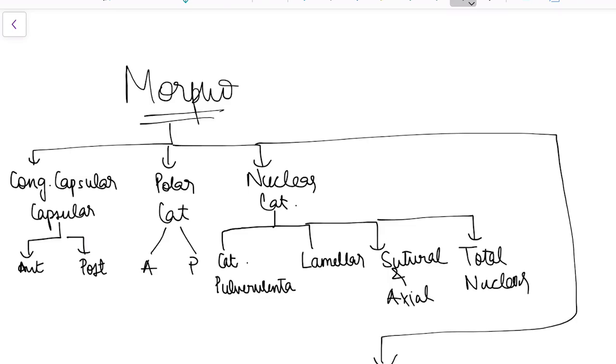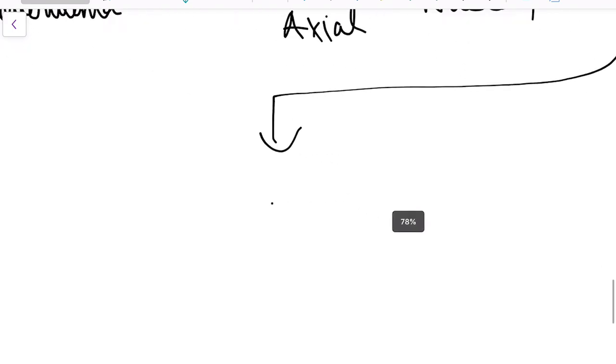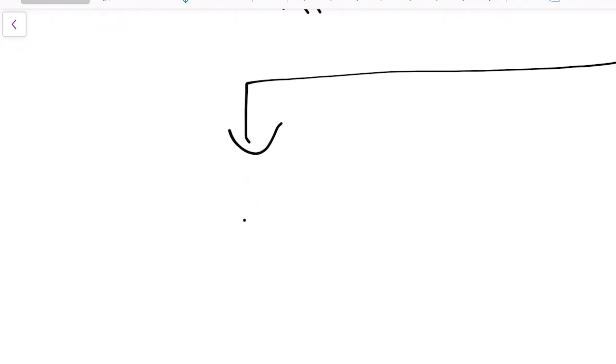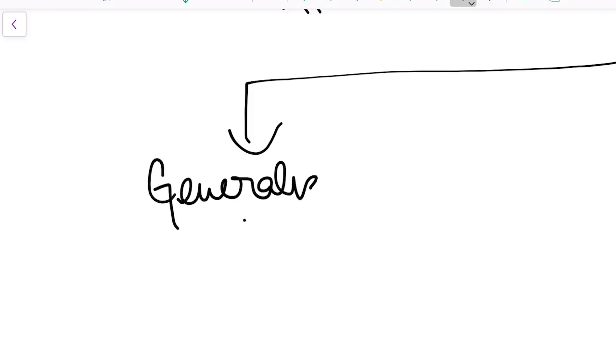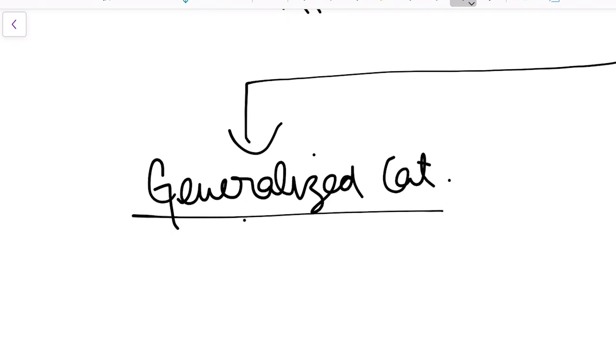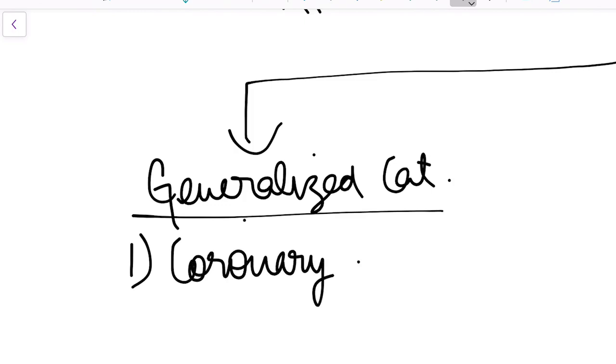Let's write it here. Generalized cataracts. Okay, they can be, first is coronary cataract, second is blue dot cataract.